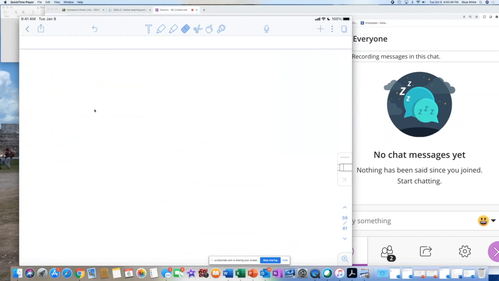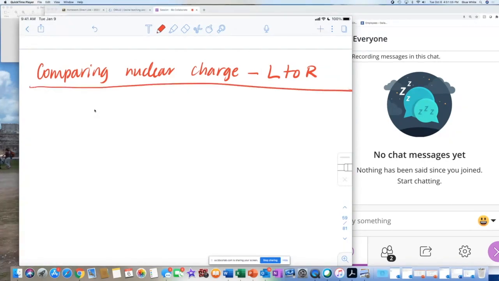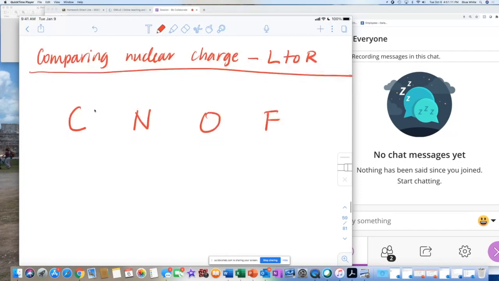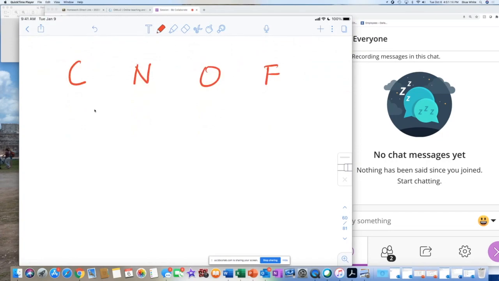This rule for comparing nuclear charge works from left to right in the periodic table. For that reason, I will look at carbon, nitrogen, oxygen, and fluorine. For these 4 atoms, I'm going to draw a basic Bohr model, a simple one, so you can see how the nuclear charge is different.